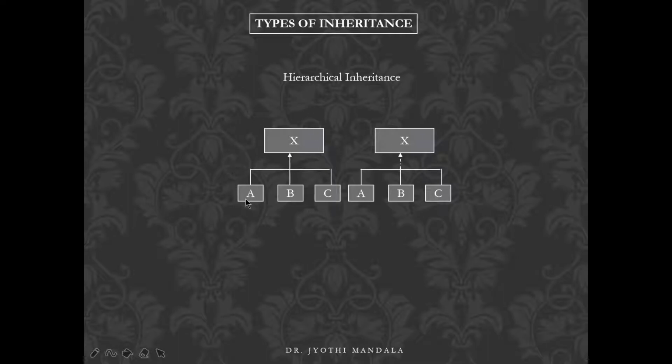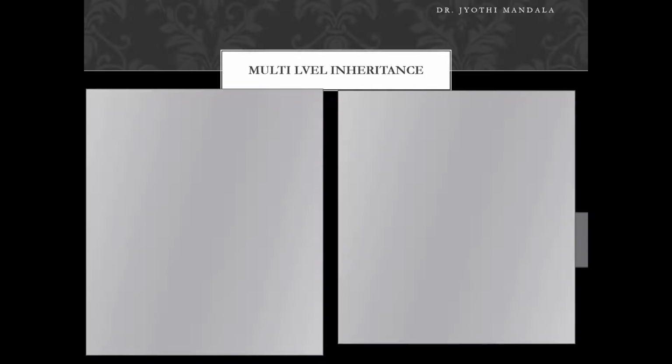Let us see how hierarchical inheritance can be achieved using the extends keyword, where we have multiple child classes and all the child classes are acquiring the properties of a single parent class. To understand this, let us take one class called class A, and this is the parent class.